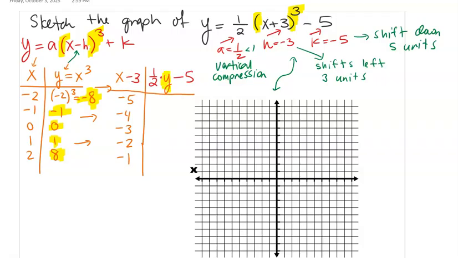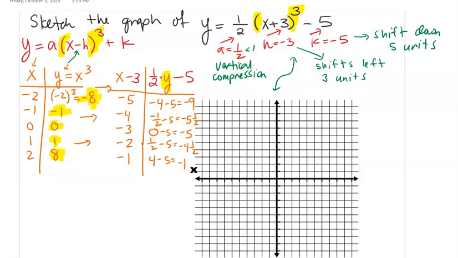I take all of those numbers and I half them. So I get half of -8, that's -4. Half of -1 is -1/2, and so on and so forth. Then I subtract 5. So I do the vertical compression before I do the vertical shift. So then this one moves down to -9, this one moves down to -5.5, and so on and so forth.